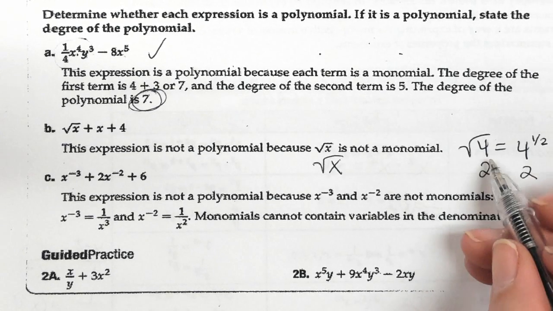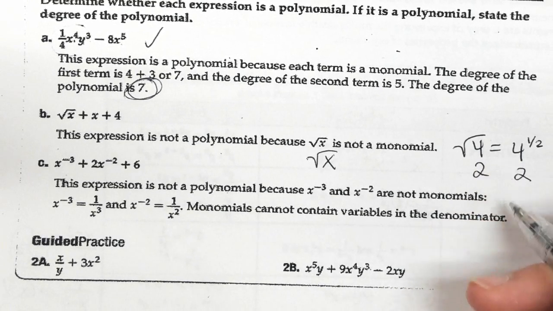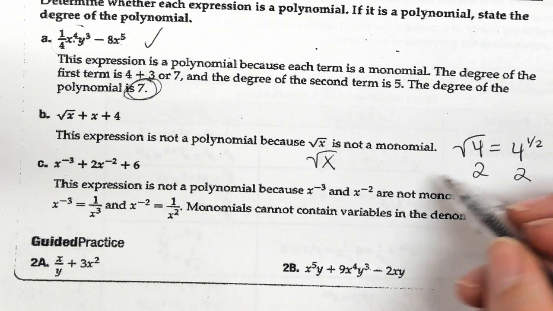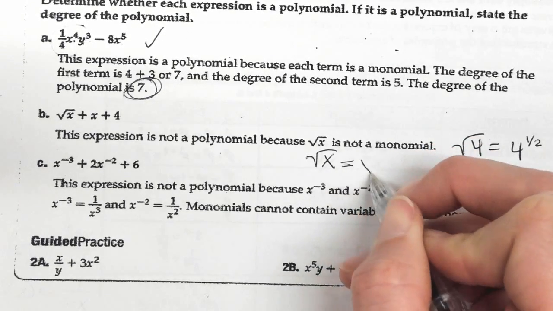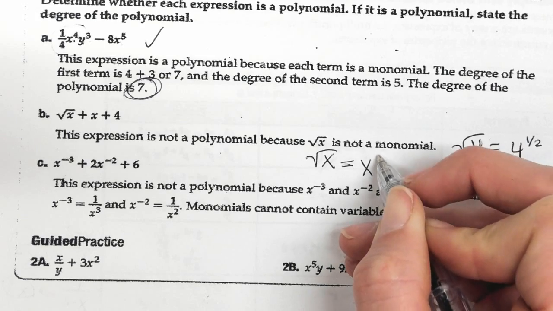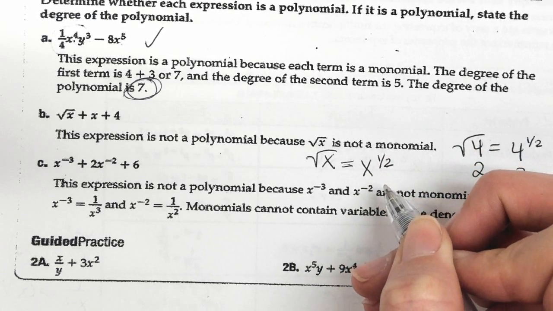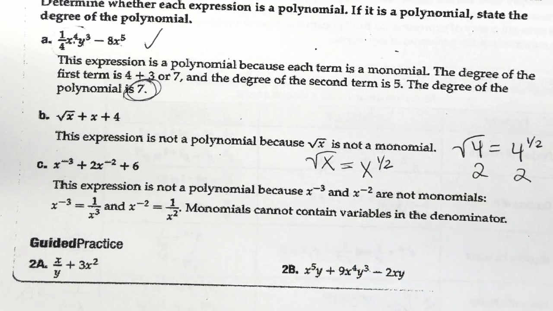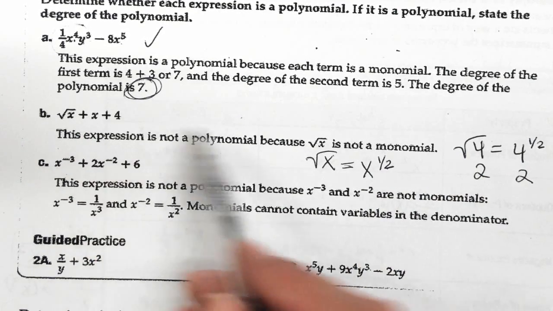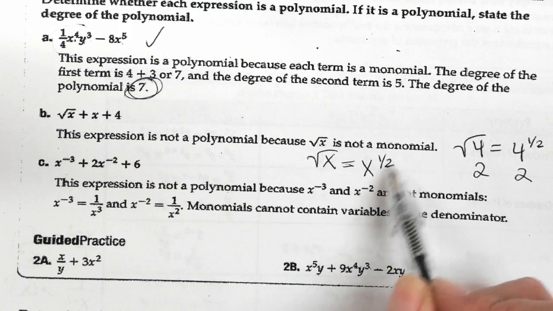The square root of something is the same thing as that number raised to the 1/2 power. So square root of x is the same thing as x raised to the what power? 1/2. And see how this is not an integer because it's a what? A fraction, right? So anytime you see a square root, it's not a polynomial because of the 1/2 power.